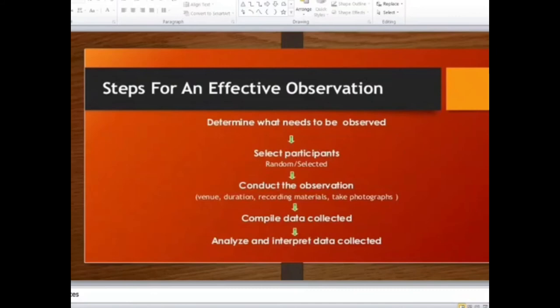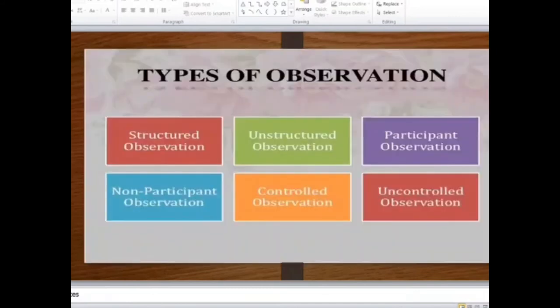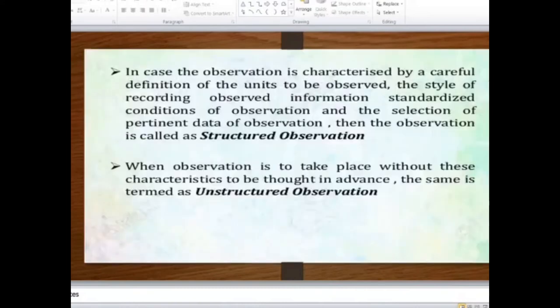And there are several types of observation. I have mentioned six types: structured observation, unstructured observation, participant observation, non-participant observation, controlled observation, and uncontrolled observation. We shall see them one by one.